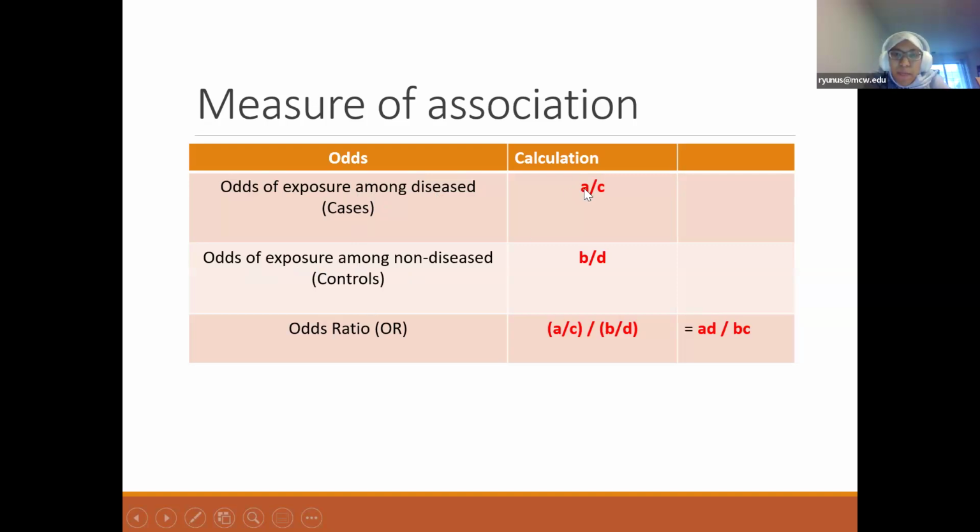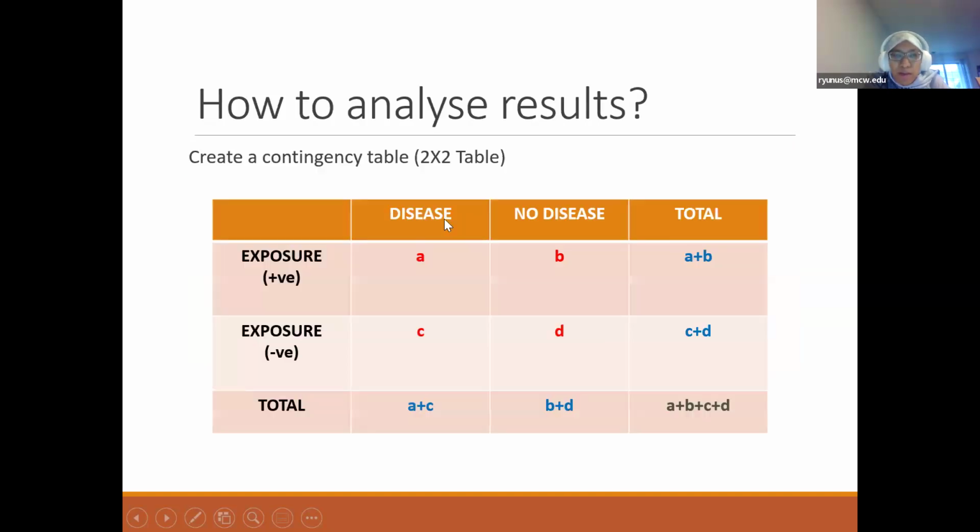And this is how you do it. A over C means odds of exposure among those with disease. You go back, A over C. So this is exposure. A means those who are exposed and have the disease. C is those who are not exposed, but they have the disease.